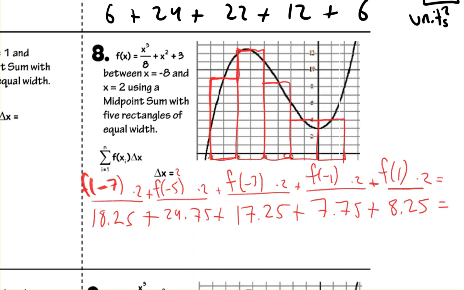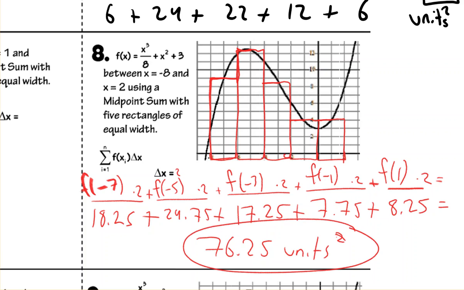Literally the only thing that's changing is how to determine the height of each of these rectangles. And that's what I get for that one. All right, you try that for number 7, please.